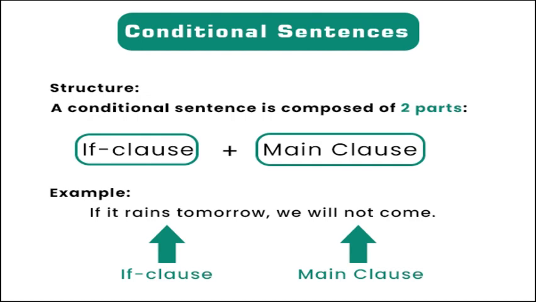Before the comma, in the if it rains tomorrow, there's the if clause, with the if as the first word. And after the comma, it says we will not come. You can get rid of the if clause, capitalize the first W, and that's a full sentence. That is the main clause. Like I said, for it to be conditional, you need to have the if clause.